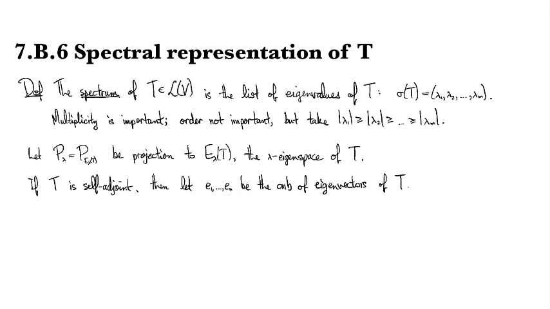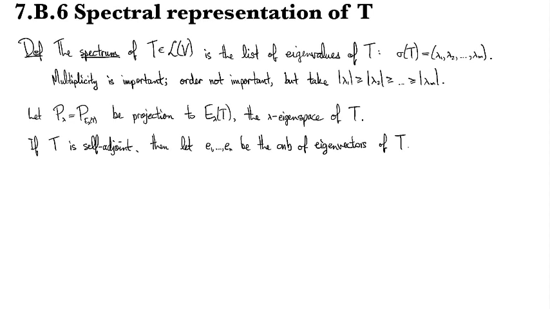Then if I do T applied to the vector v, I can expand that vector in terms of the eigenbasis using inner products: <v, e1>e1 up through <v, en>en. Then I can use linearity.